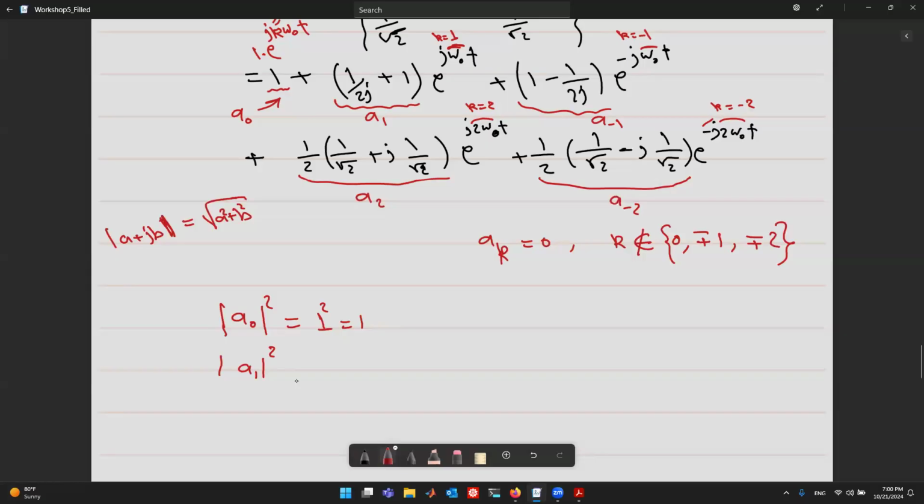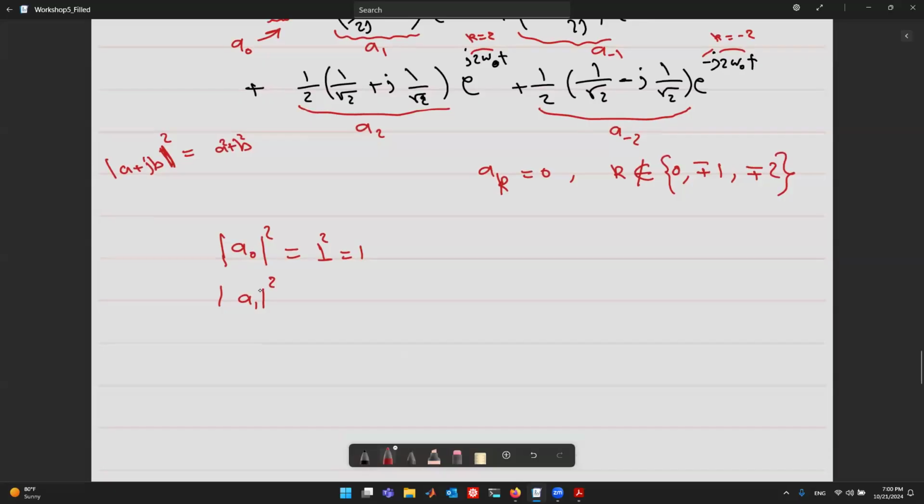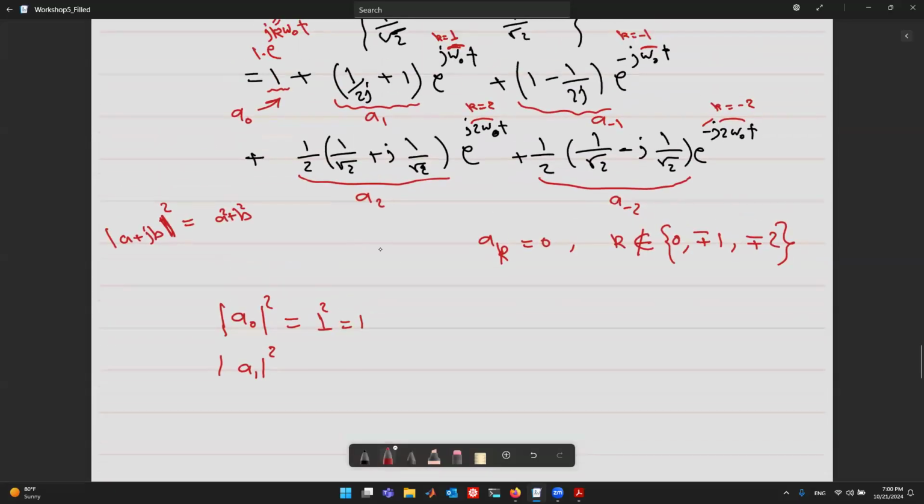But if I'm interested in the square of the magnitude, then we just get rid of this square root. So what's the magnitude squared of a1? A1 is here.